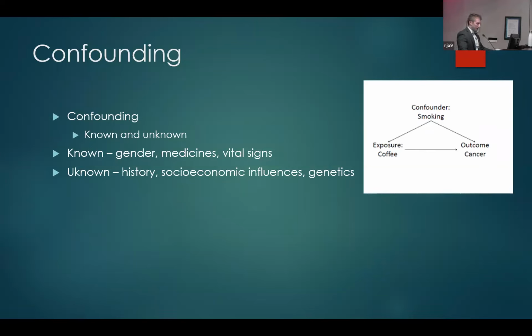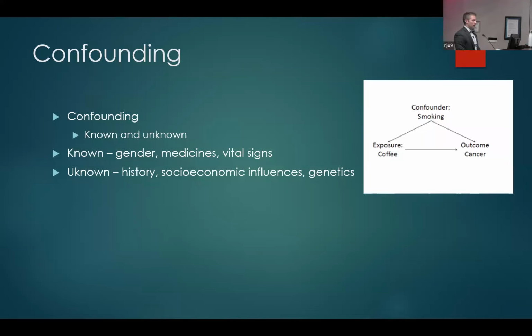In retrospective analyses, you can control for what you know, right? You can control for gender, you can control for vital signs, you can control for geographic locations. Sometimes you can control for exposures, control for the medicines they're on.